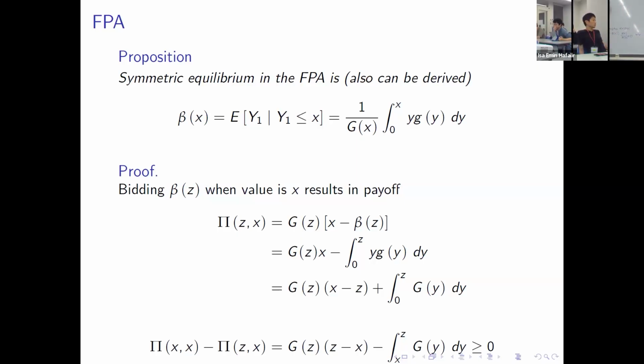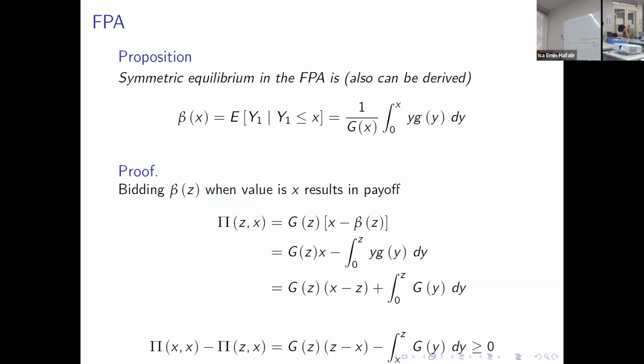Again, let's do that: pi(x,x) minus pi(c,x). All I have to do is write this when z is equal to x, and this first part becomes 0, and the second part becomes just the integral from 0 to x of G(y) dy, minus that expression.